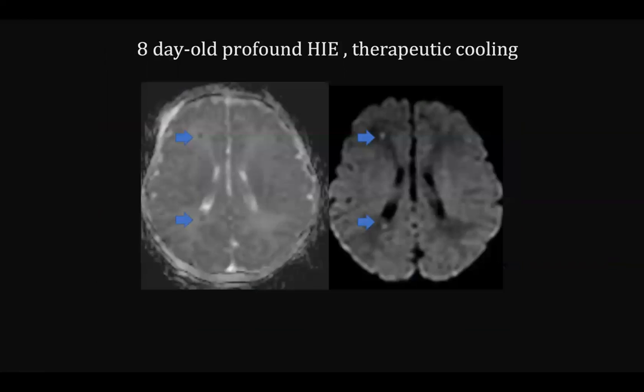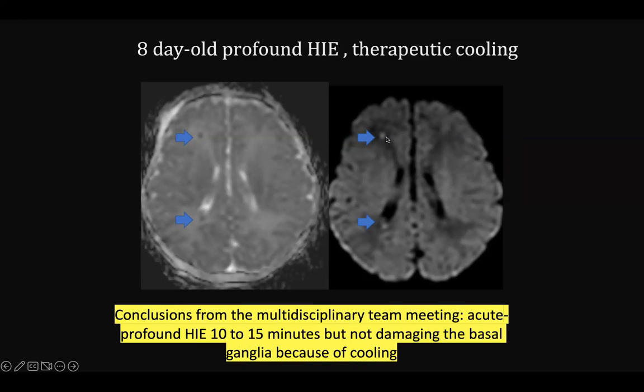So the first case is this child with profound HIE who underwent therapeutic cooling. When there is clinical evidence of HIE, hypoxic-ischemic encephalopathy, children go to therapeutic cooling, and sometimes it works very well. In this case, despite the profound HIE, we just found a couple of punctate white matter lesions with restricted diffusion.